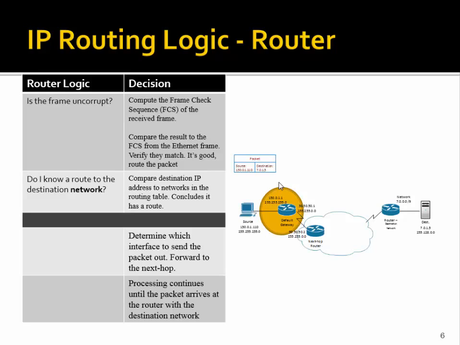In this case, the destination IP address is 7.0.1.5, and it compares that IP address to the networks in its routing table. In this case, we'll say that the router finds a route to the network 7.0.0.0/9 and knows which interface to send that packet out, and forwards that packet out the correct interface.